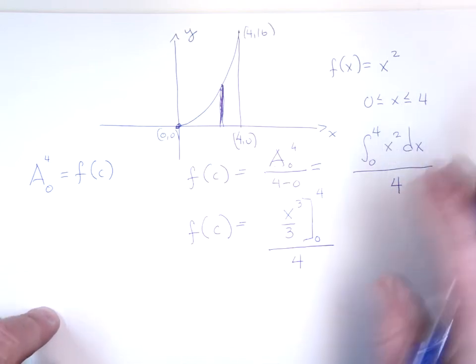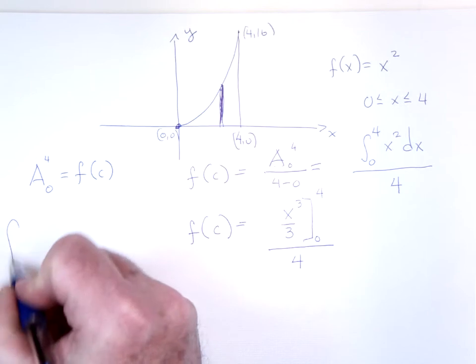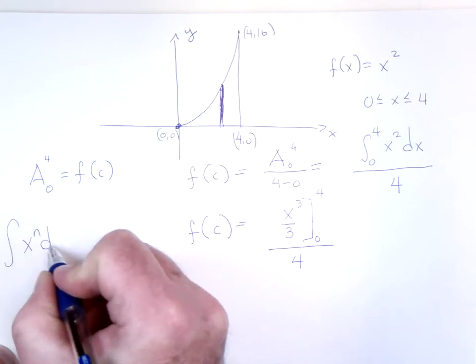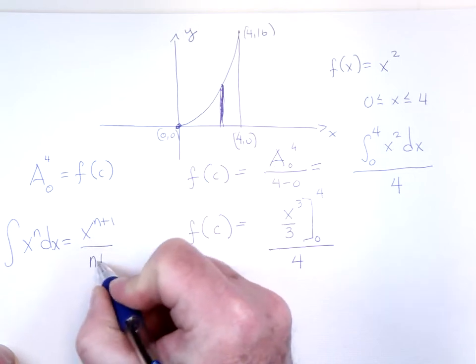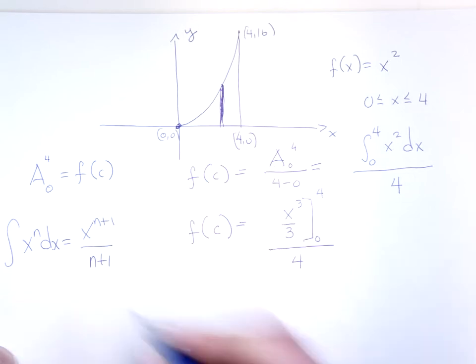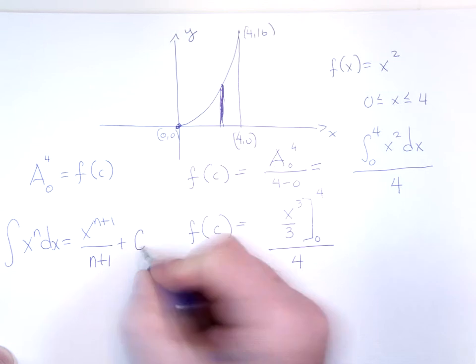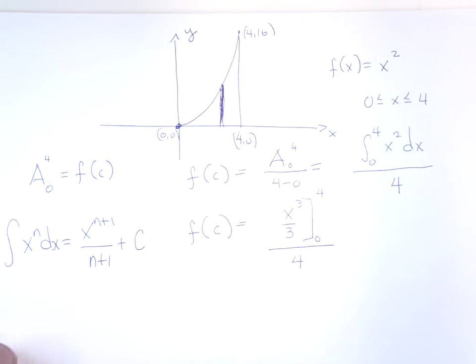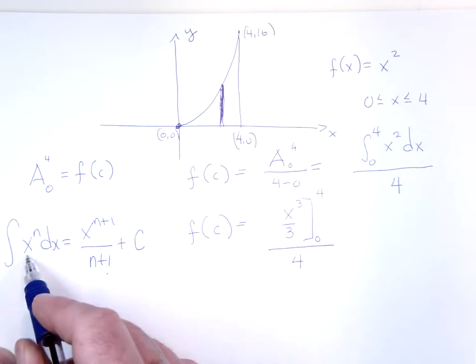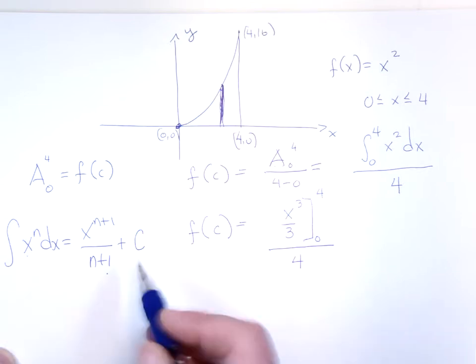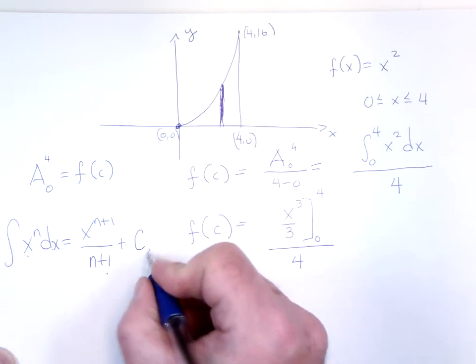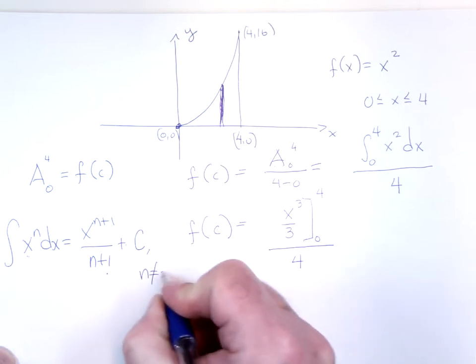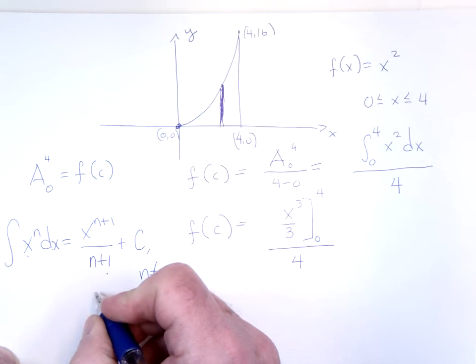The rule is the integral of x to the n is x to the n plus 1 divided by n plus 1, plus a constant. This is called the integral or antiderivative of x to the n. Why? Because the derivative of this is equal to this. You have to be careful here that n can't be -1. We get a division by 0, so it doesn't work for that. We need something special for that.